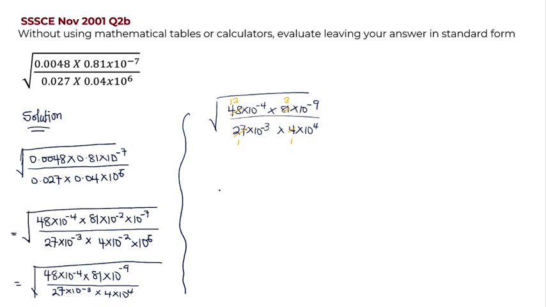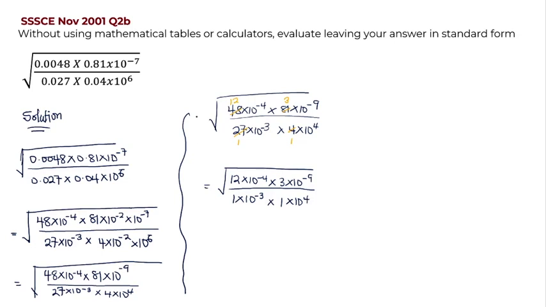So from here, we have the root of 12 times 10 raised to the power negative 4 multiplied by 3 times 10 raised to the power negative 9, on 1 times 10 raised to the power negative 3 multiplied by 1 times 10 raised to the power positive 4.